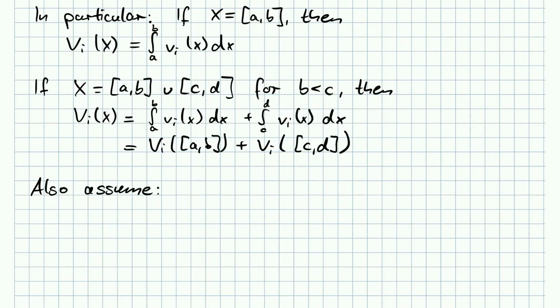We'll also assume that capital V_i of the interval from 0 to 1, which is of course the integral of this small v_i, this density function, will be simply 1.